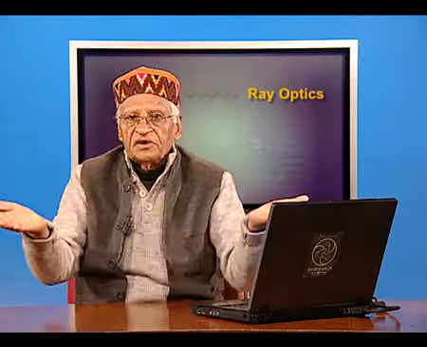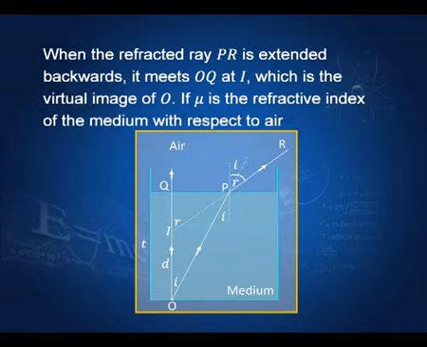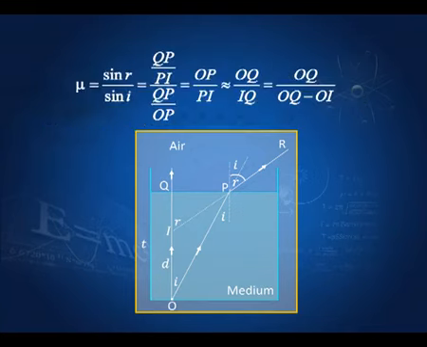Image is formed wherever two rays either meet or appear to meet. Therefore, I is the image of O. It is a virtual image, obviously, because the two rays don't actually meet, but they appear to meet. If mu is the refractive index of the medium with respect to air, then we can write mu equal to sin R by sin I, and now you use geometry.